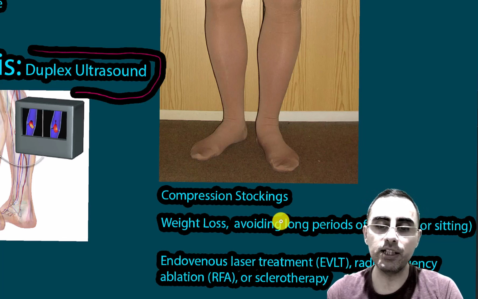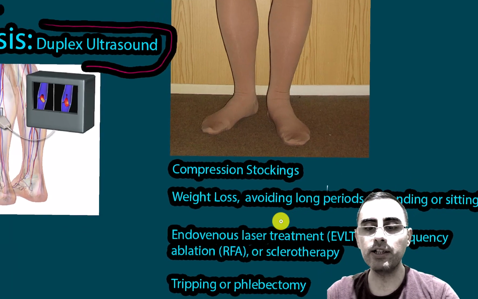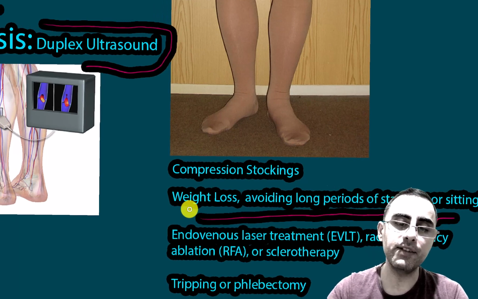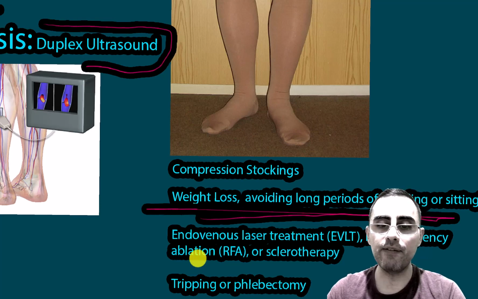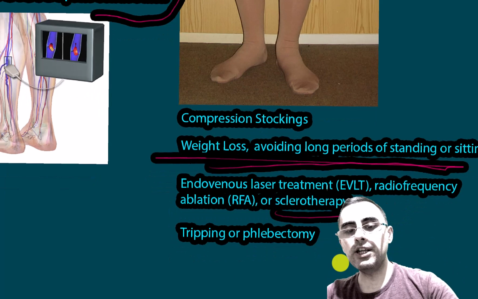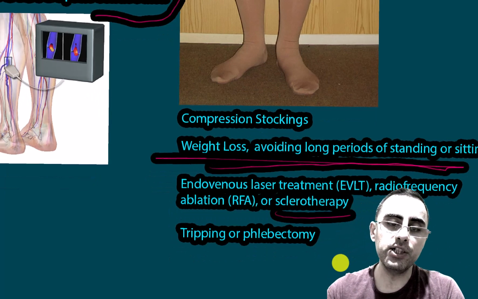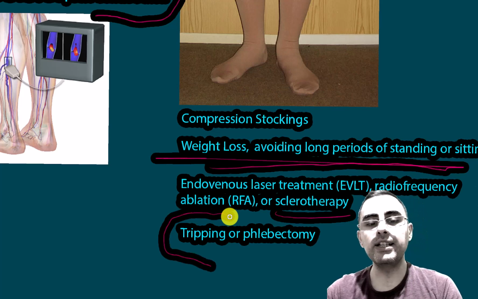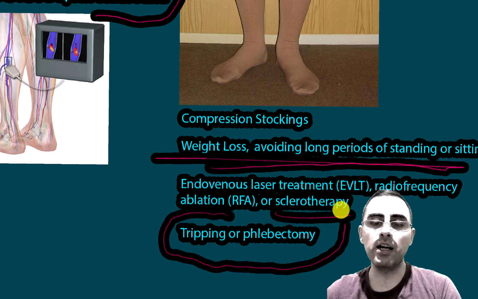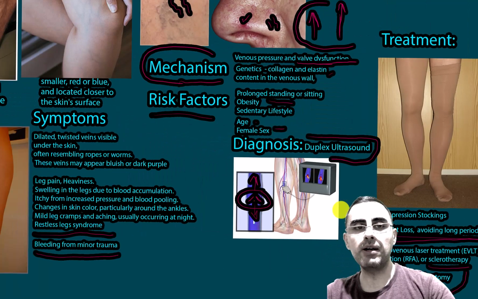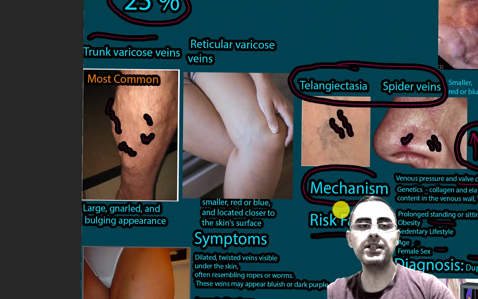Radiofrequency ablation is a common treatment, especially this tool is considered the gold standard because of high effectiveness and fewer side effects, or sclerotherapy. Also, if there are serious conditions that are not managed by less invasive methods, surgery is indicated. It's stripping or phlebectomy. That's all I wanted to say about venous varicosis.